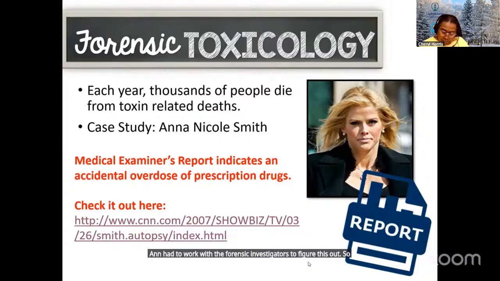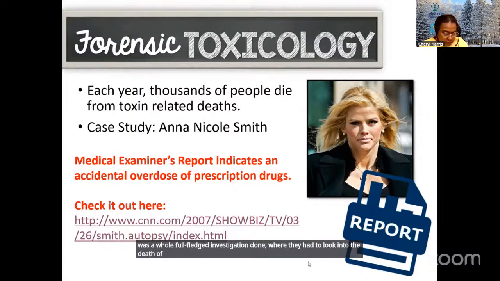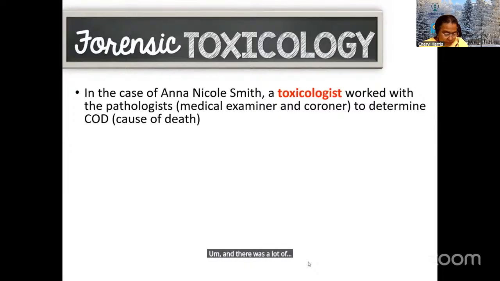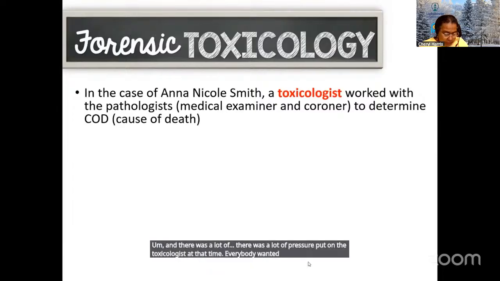So there was a whole full-fledged investigation done where they had to look into the death of Anna Nicole Smith. And there was a lot of pressure put on the toxicologist at that time. Everybody wanted to know how she died, what she died from. And so, of course, the toxicologist was the person that was ultimately responsible for figuring out how Anna Nicole Smith died.